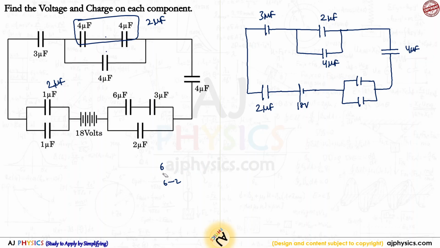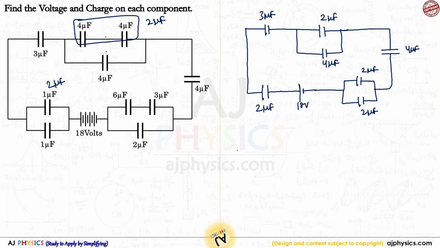So that's a little bit equivalent of the circuit. We tried to solve it to make it a little bit simple. And let's now try to solve the circuit further. So this is 2 microfarad, this is 2 microfarad. Fine.